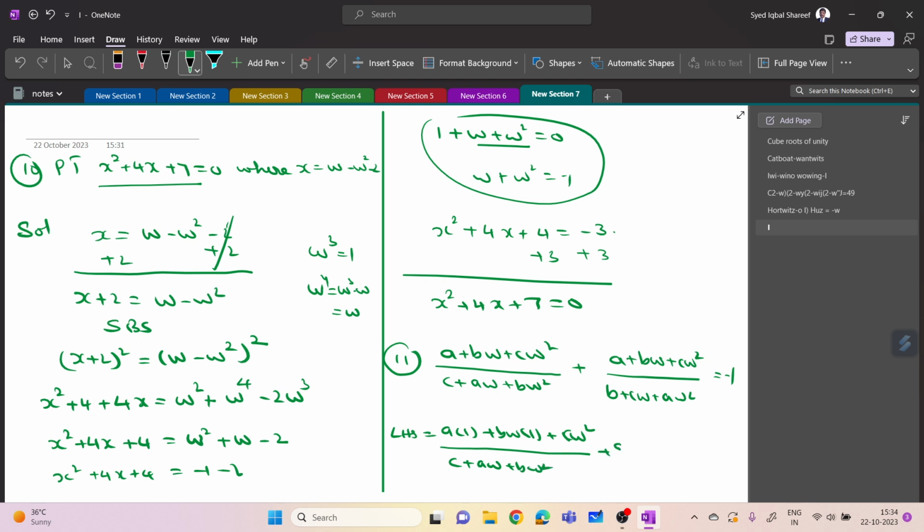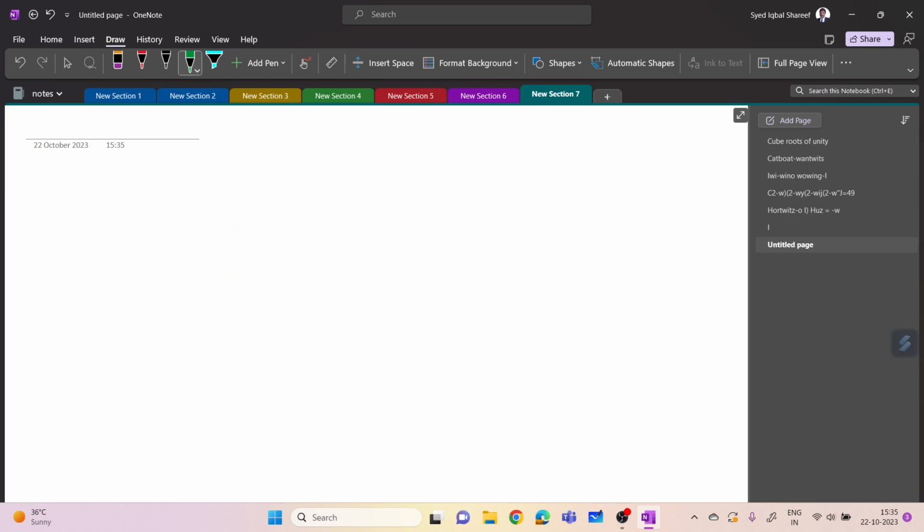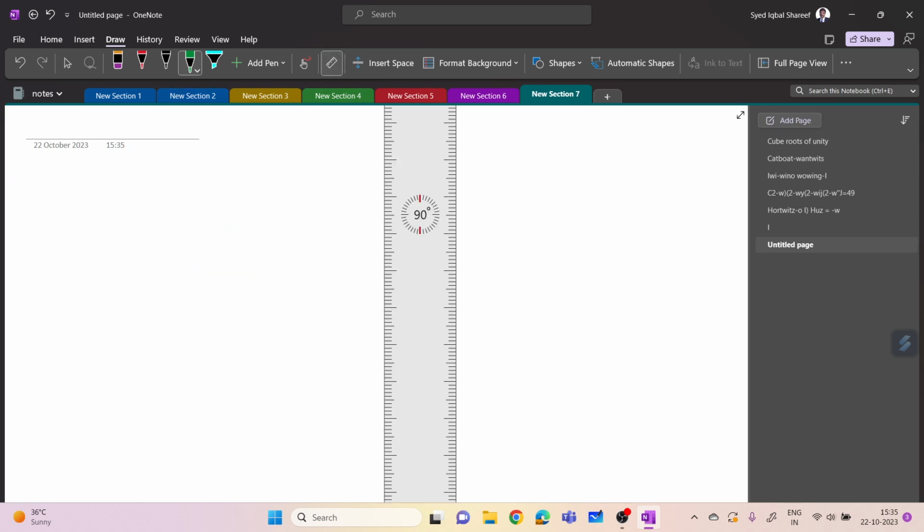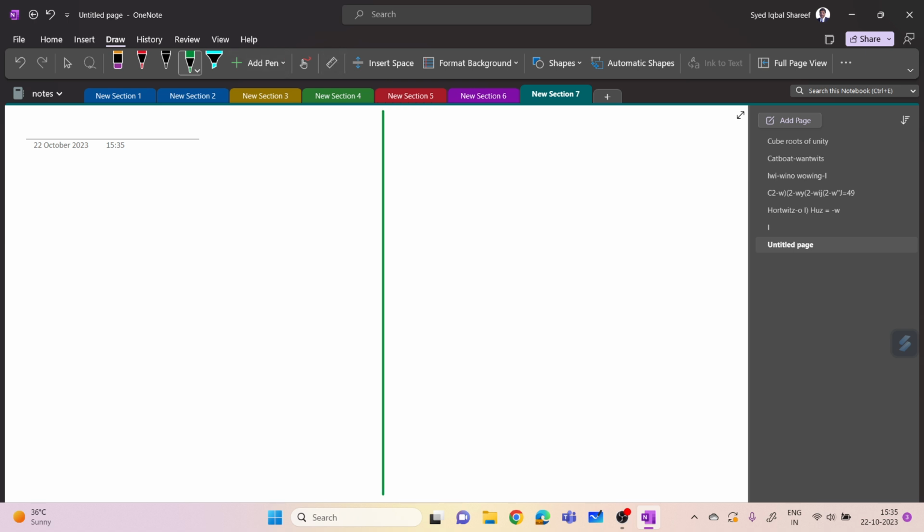In the numerator again, what I am doing? A into 1, b into omega into 1, c into omega. Can I do that? A into any number is that number only, so there is no confusion. So the next thing, for 1 I am writing omega cube.